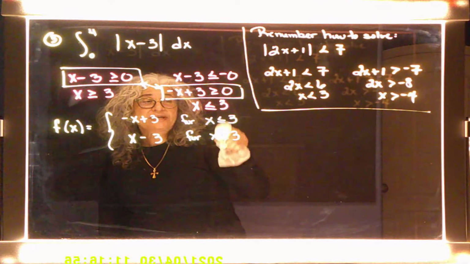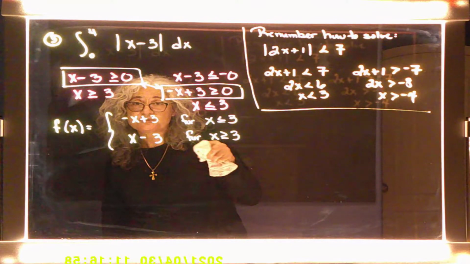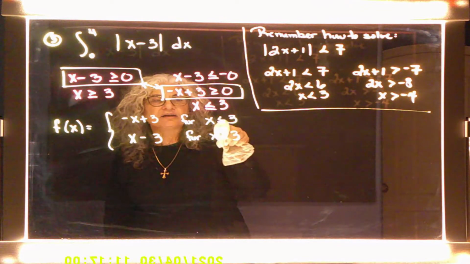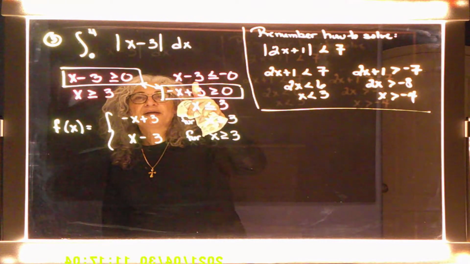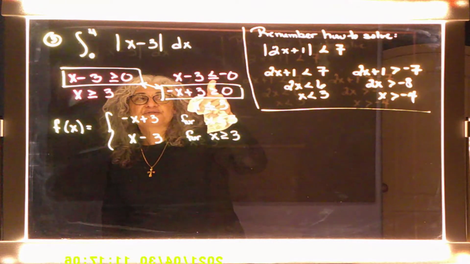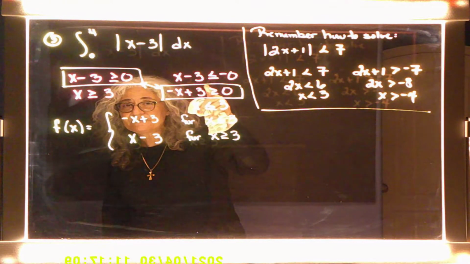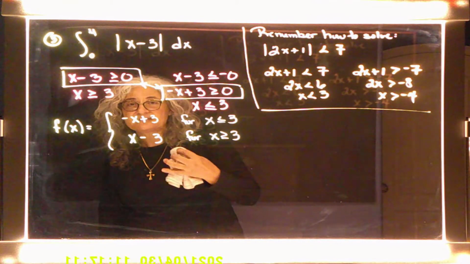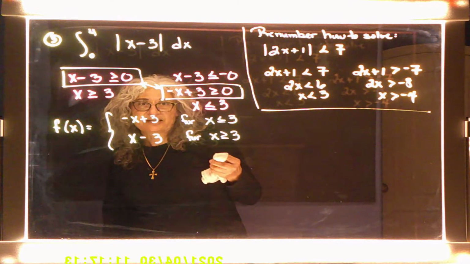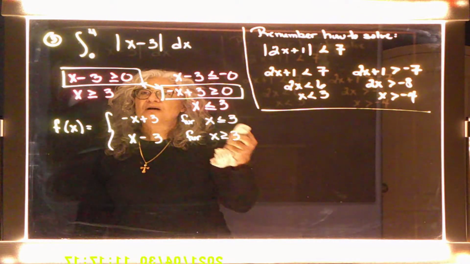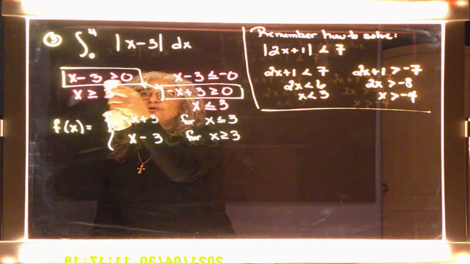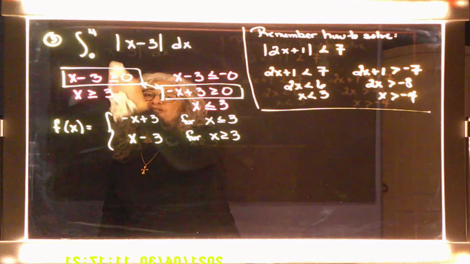Okay, so we can't have both of these with the equal to sign. And you're like, well, which one is not going to have the equal to sign? It's going to be the second one, where we said x minus 3 was less than or equal to a negative 0. We usually make it the second one. You're like, why is that? x minus 3 greater than or equal to 0, that's the original.